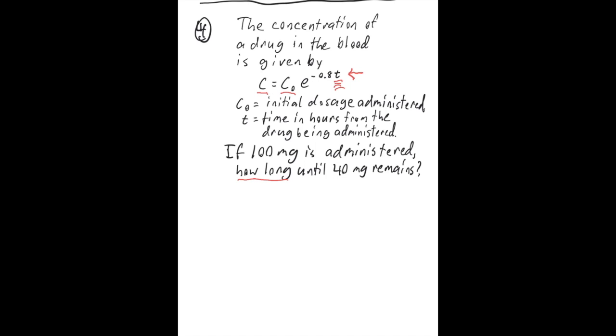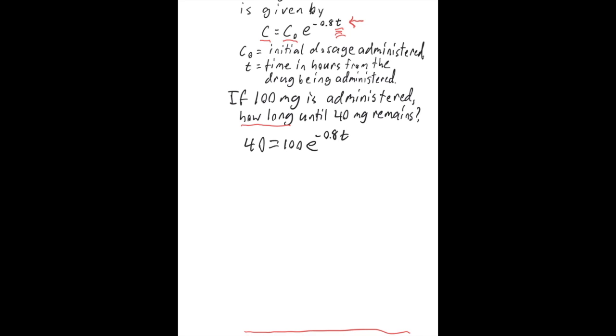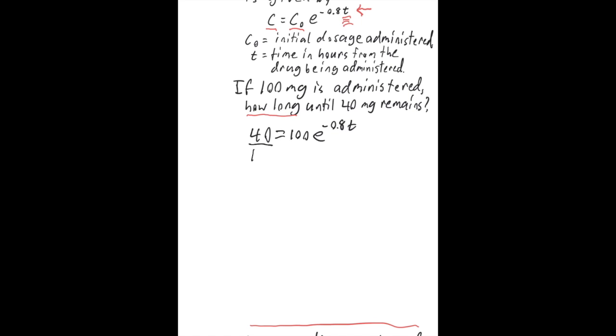So we would set this up as 40 is equal to 100 e to the minus 0.8 t. And I'll solve this for t. First step, divide by 100. That's going to get us 0.4 is equal to e to the negative 0.8 t.